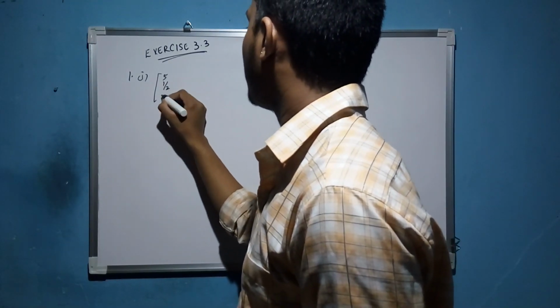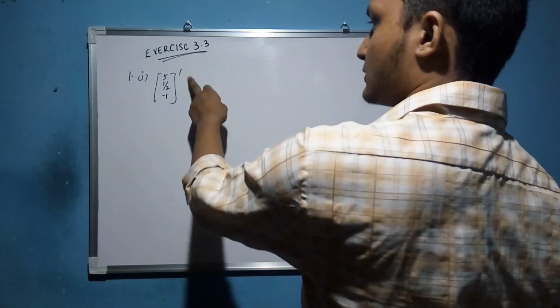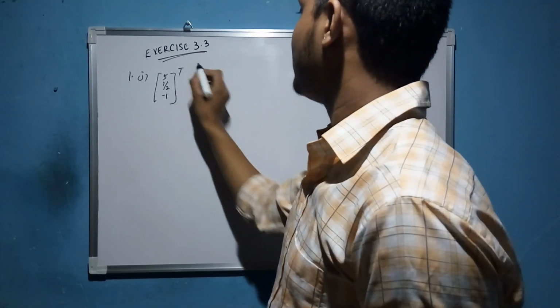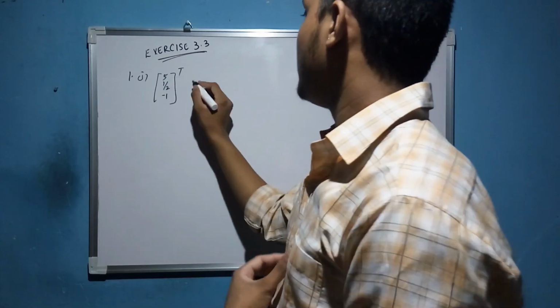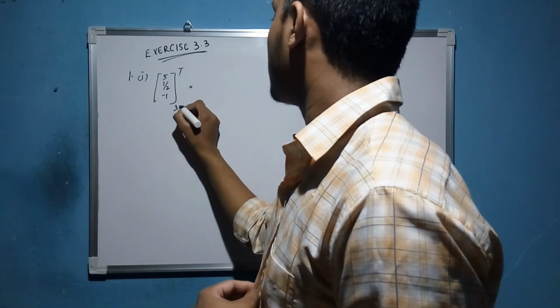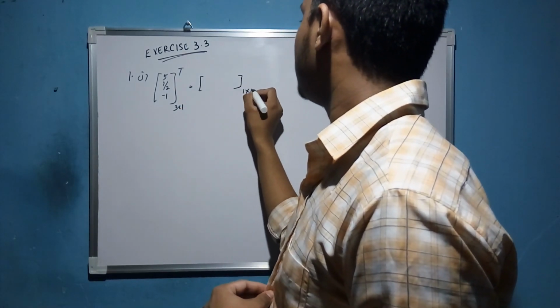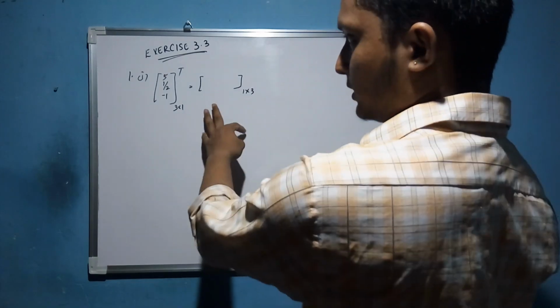What is the transpose of this? Transpose is a symbol like this, or I can write it as T over there. Since this is of the order with 3 rows and 1 column, it is going to have 1 row and 3 columns. So this is what you are going to get at last.